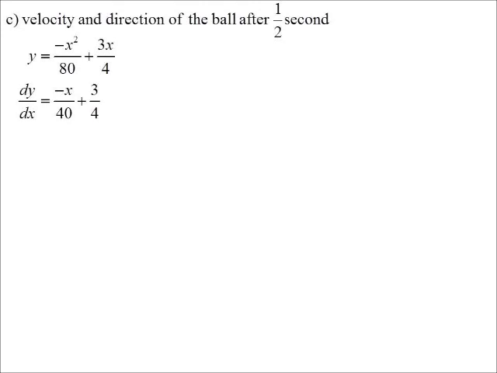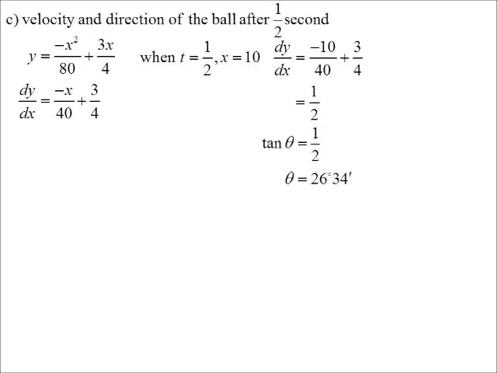So the derivative, so when t equals half and x equals 10, I need to do that because my derivative is in terms of x, not in terms of t. So I still need to work out what is that horizontal displacement. Sub that in, I get dy/dx is a half. Not a coincidence, because you remember before we got that equation that tan theta was a half. Obviously we get the same. And so we found the direction.